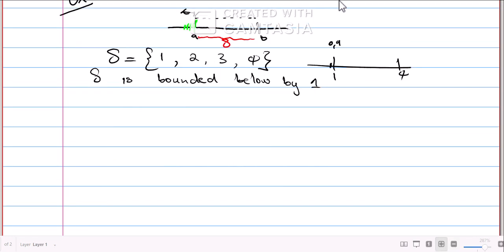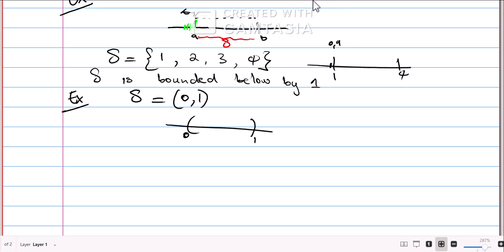This is the second example. Let's say S is this open interval which is 0 and 1. Okay, sorry. Now S is, this is your 0, this is your 1. Okay. So S, we are having this is 0.